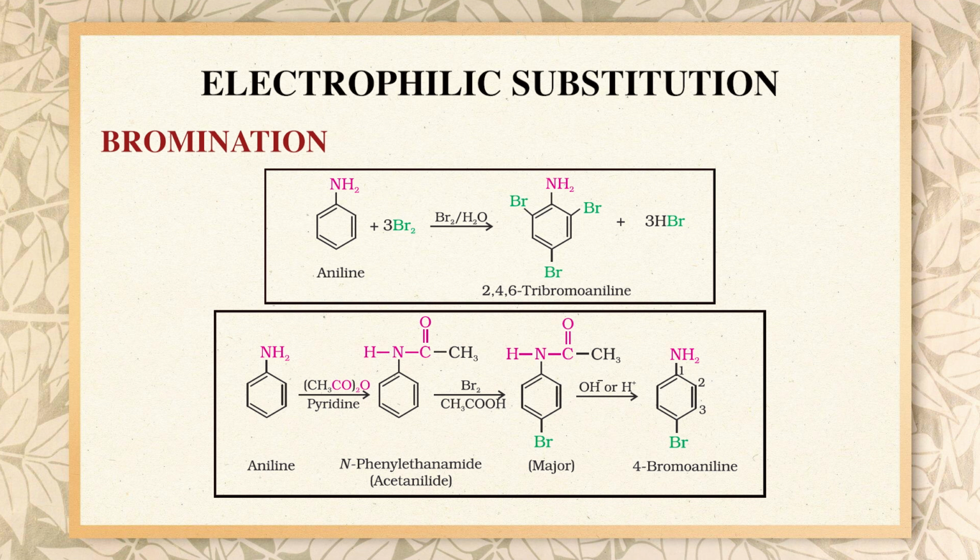A very important point is, if we have to prepare a monosubstituted aniline derivative, then the activating effect of the amino group can be controlled by protecting the amino group by acetylation with acetic anhydride. Then carry out the desired substitution, followed by hydrolysis of the substituted amide to the substituted amine.